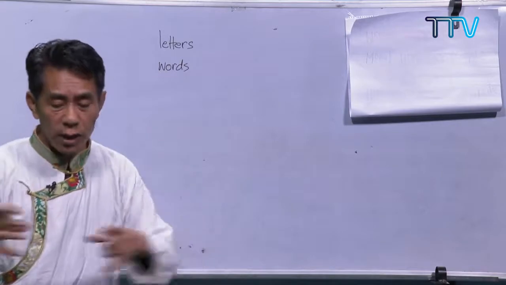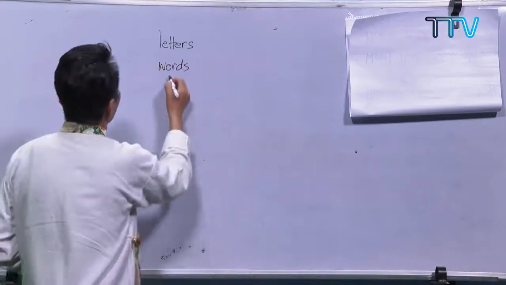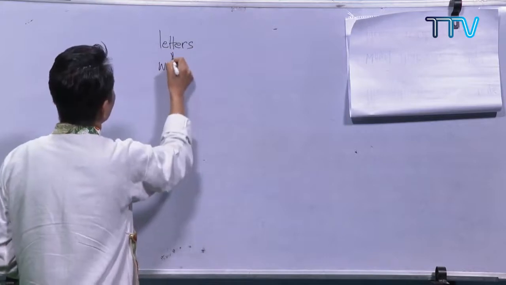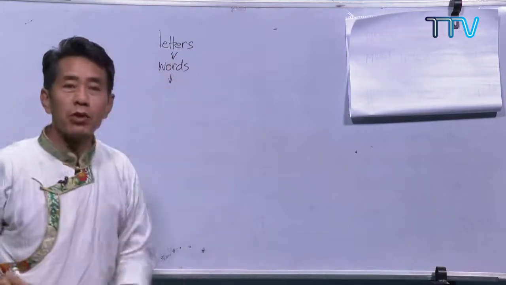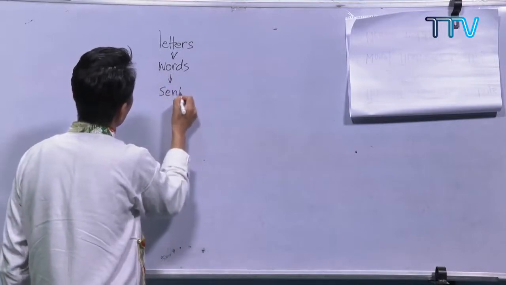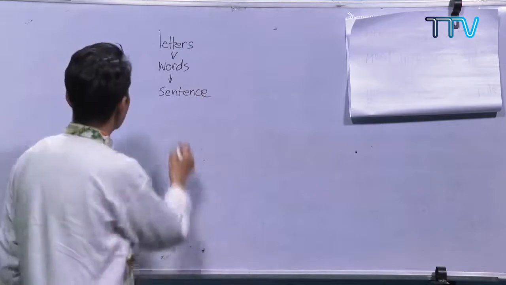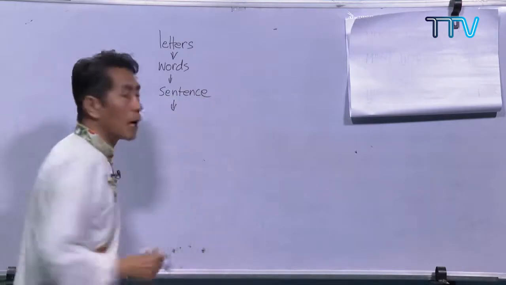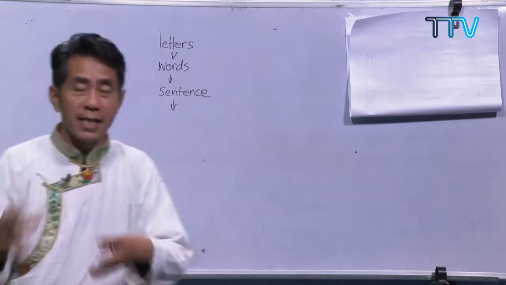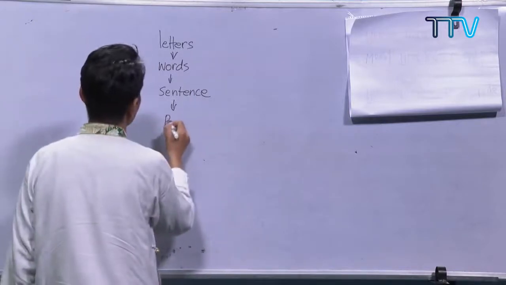If we combine lots and lots of letters, we get words. And if we combine different types of words, we get a sentence. If many sentences are grouped together, combined, what do we get? We get a paragraph.